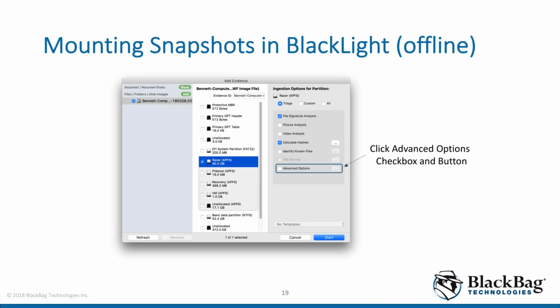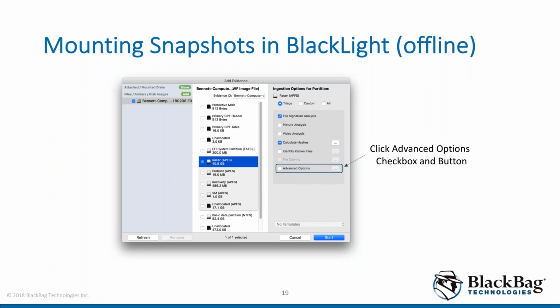Well, currently, we're not aware of any tools that support this, but with our upcoming version of Blacklight 2018 R3, you'll be able to analyze snapshots just as you were able to analyze volume shadow copies in the current version of Blacklight. So you'll bring in your image, and you'll get the familiar add evidence screen that you always see here in Blacklight, and you're going to select which APFS volume you would like to process.